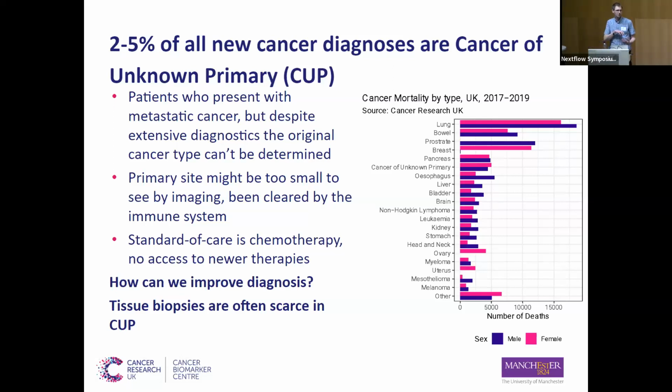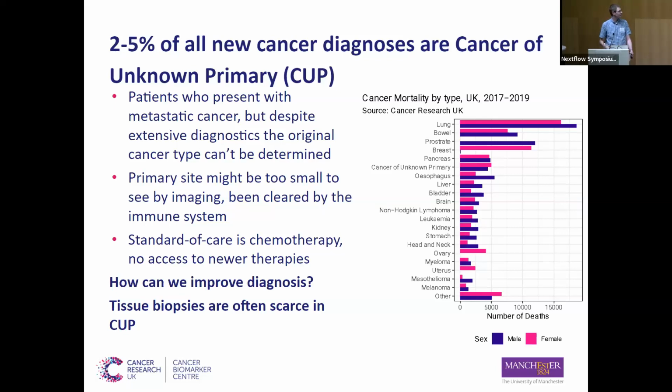Or it might just, because it's cancer and therefore has mutations, not be showing the typical markers, the typical things that make it look like a certain cancer. And so these patients just get standard care chemotherapy, and they don't get access to newer treatments and targeted therapies because they don't have a diagnosis.